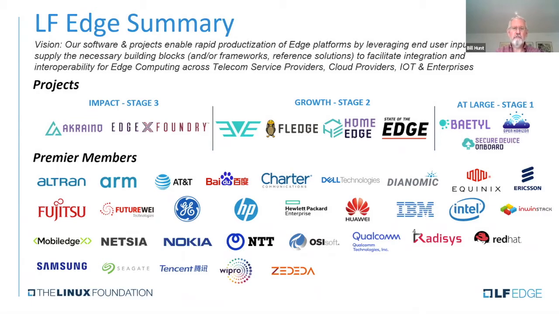You want some confidence that it's going to be there ongoing. As I say, the Linux Foundation is the largest open source consortium, and in LF Edge there are a number of very powerful premier members. You can see some great logos here. So it gives you the confidence that this is going to be around for a long time and will be widely adopted.